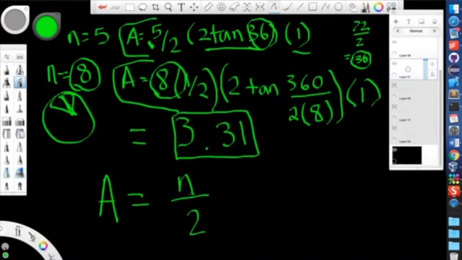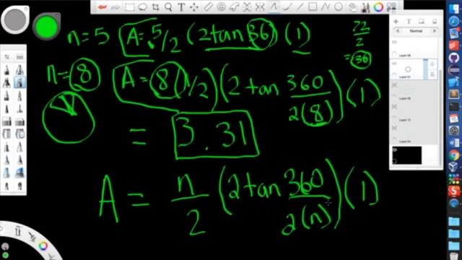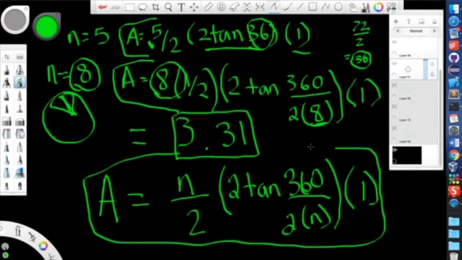So this could be any number of triangles, times our base. Our base is 2 tan 360 over 2 times n, 2 times the number of sides. And then finish it off times height. So this is our formula. It'll help us get closer and closer to pi in an easier way.